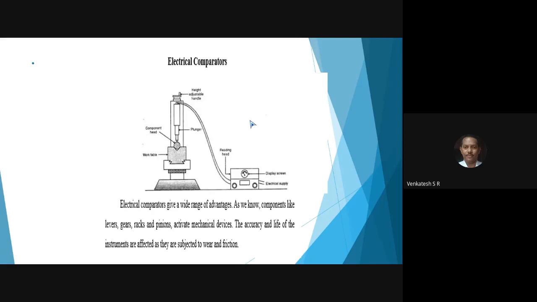See the meter that you have already set for plus or minus 0.05, left side and right side. If the dial indicates more than 0.05, then reject the component. If it is within plus or minus 0.05, then accept the component. So this is the principle of operation of the electrical comparator.